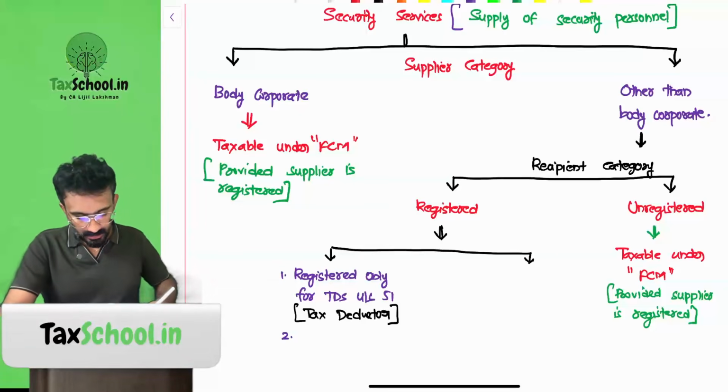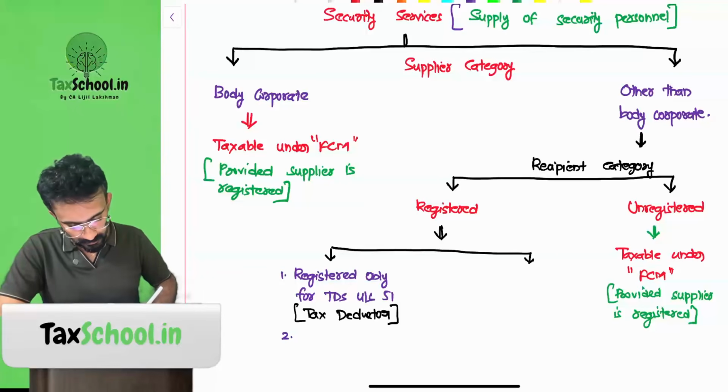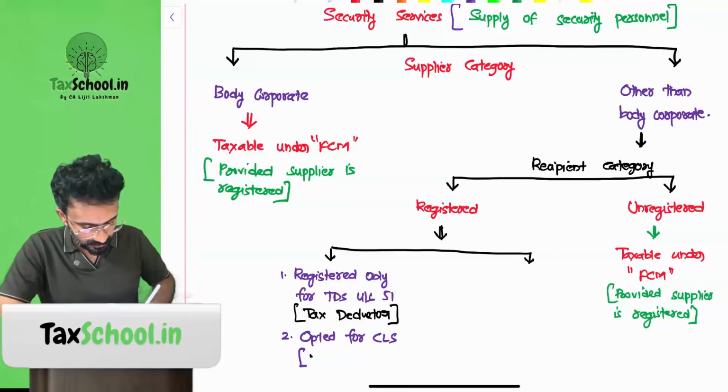Number 1, registered only for TDS under section 51. Number 2, opted for composition levy scheme. Let's not say normal registration, we'll say taxpayer.